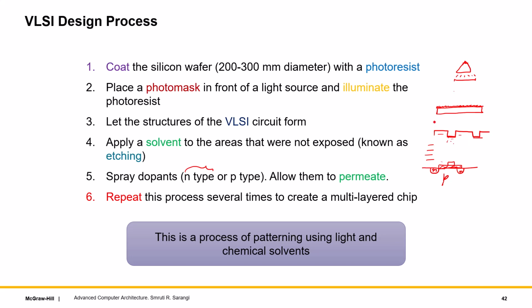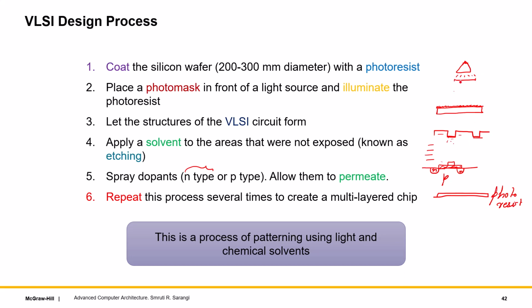So we are essentially patterning and then patterning, so on and so forth, using light and chemical solvents. You first coat it with a photosensitive material known as a photoresist. You apply light to it. How do you do that? You have a light source, and in front of the light source, you put a mask.